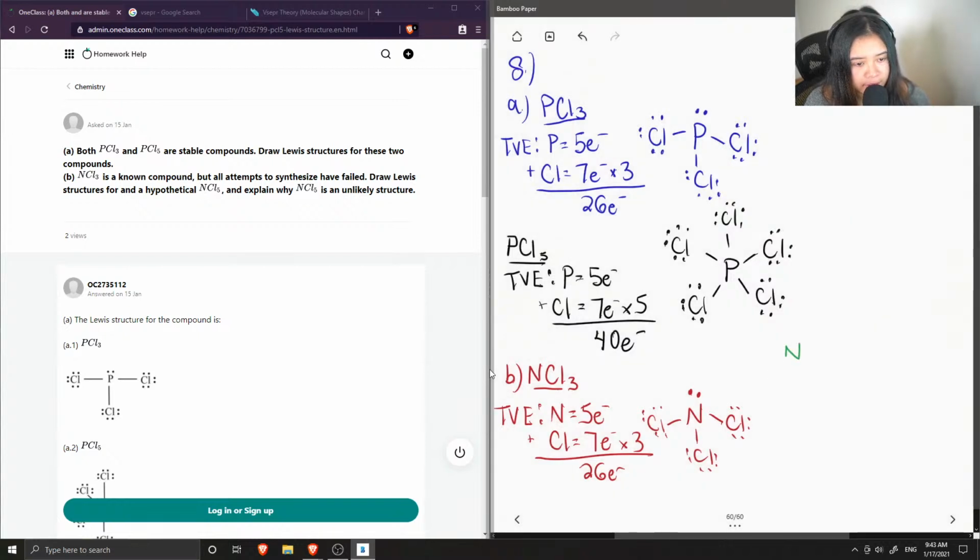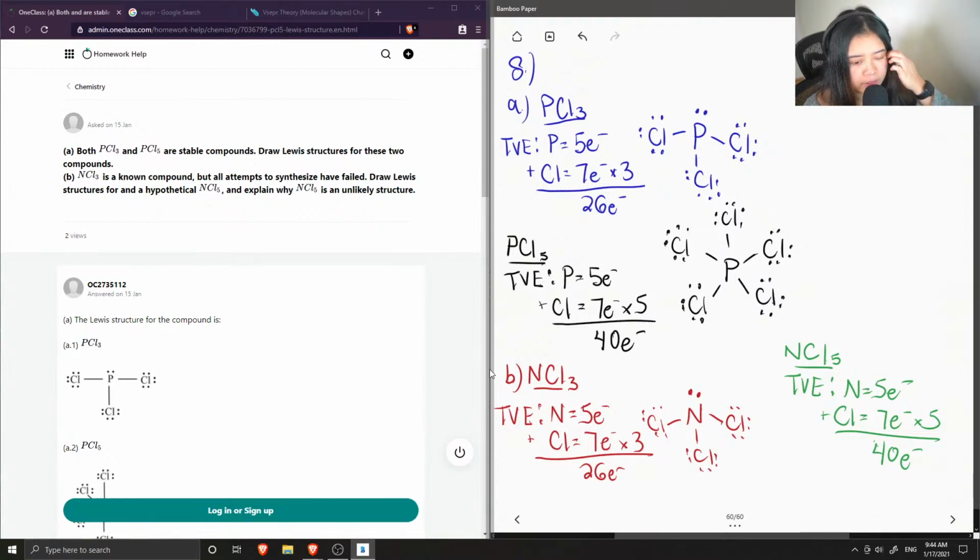So now let's try to draw that hypothetical nitrogen pentachloride. And we'll calculate its total valence electrons first. This also gives us 40.